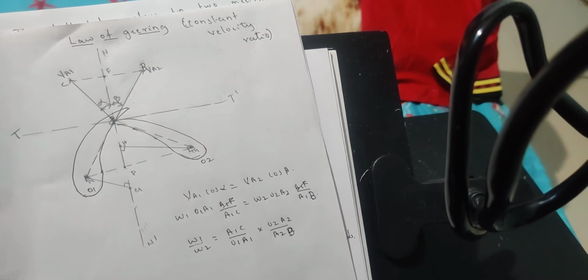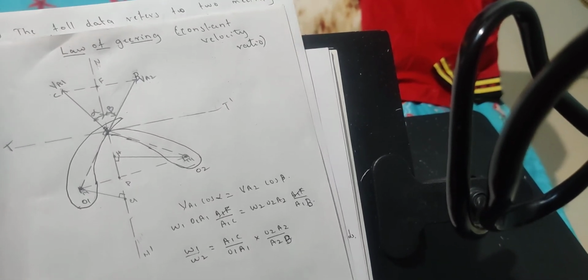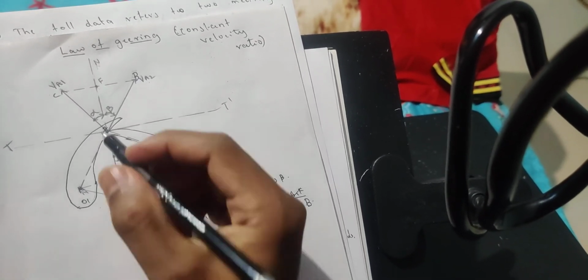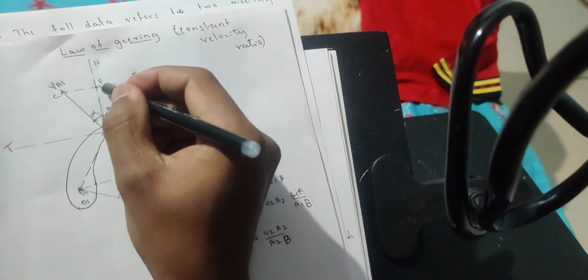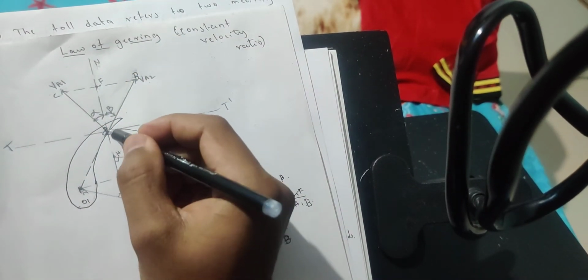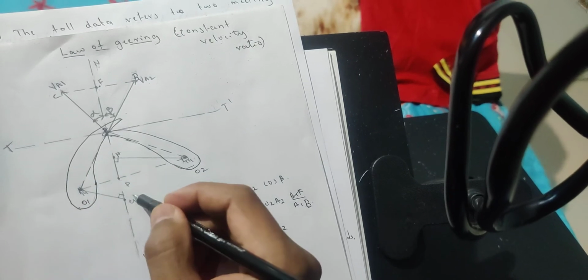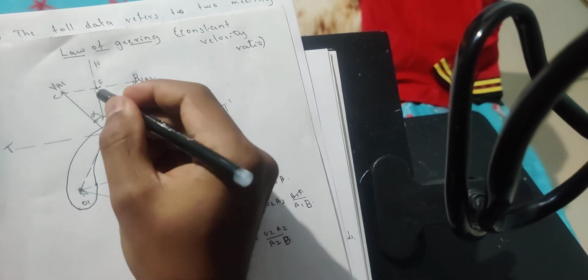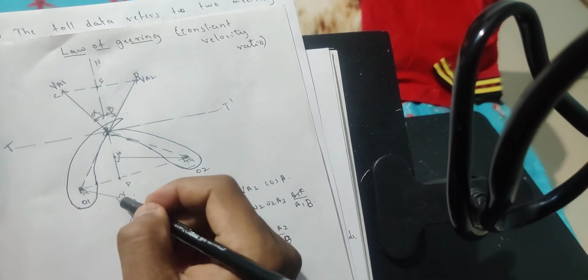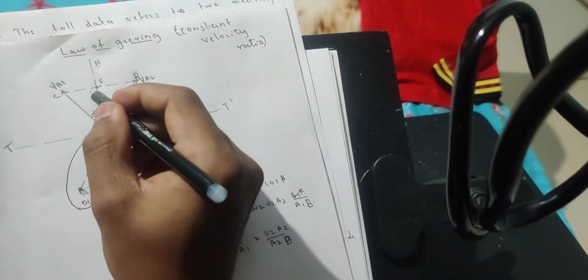Now if you observe this equation, can I correlate the similar triangles here? One is A1CF, and one more is A1O1G. This triangle is similar to this triangle. This is 90 degrees with respect to this.